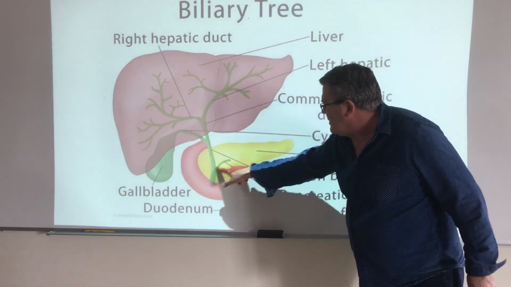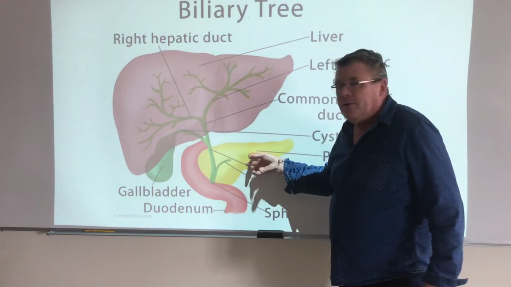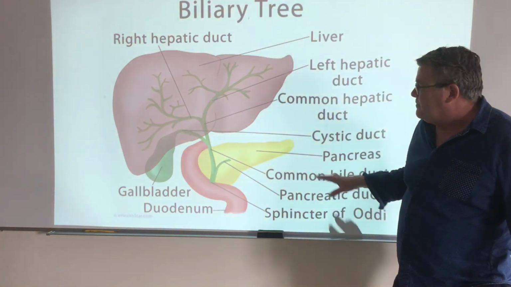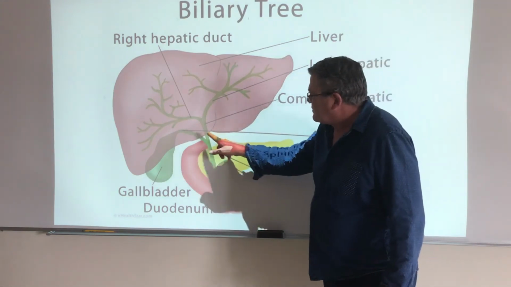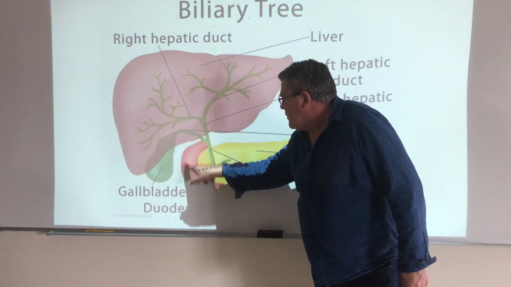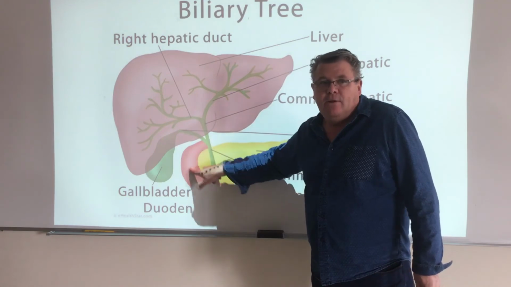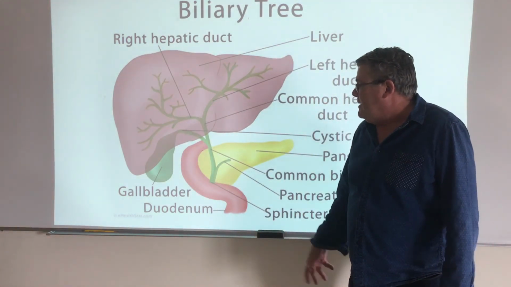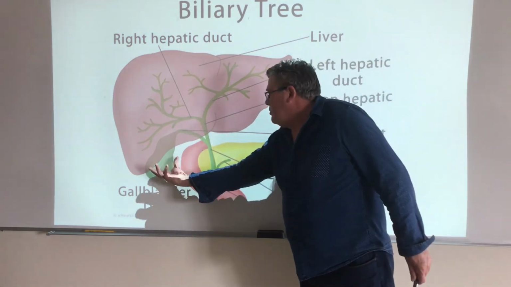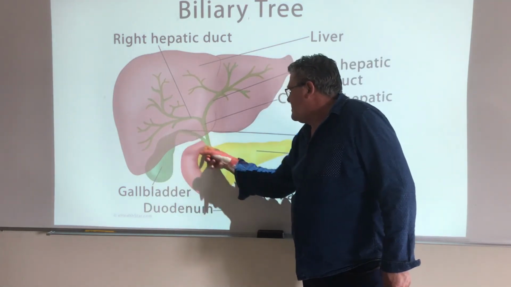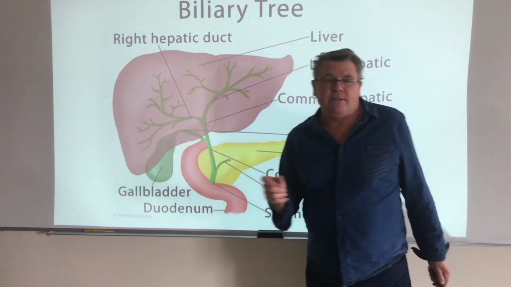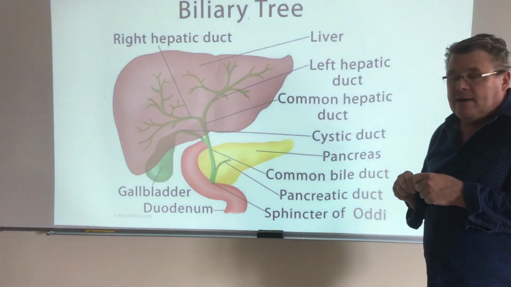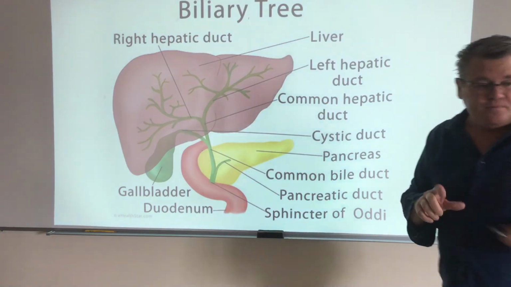We've still got the pancreas coming down here, so we'll deal with that in the next video, if it all works out for me. When you've just eaten a fatty meal, the gallbladder will contract, and it will push this bile in. So the bile is going to be ready to help with the breakdown of that fat.